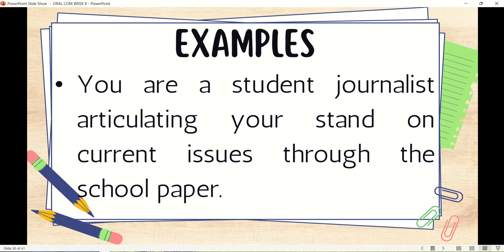As long as they have internet connection, as long as they have television or gadgets, they can watch and hear the program. So that is for mass communication. Again, it is a communication wherein a massive number or amount or size of people can hear and watch the message that you are conveying.